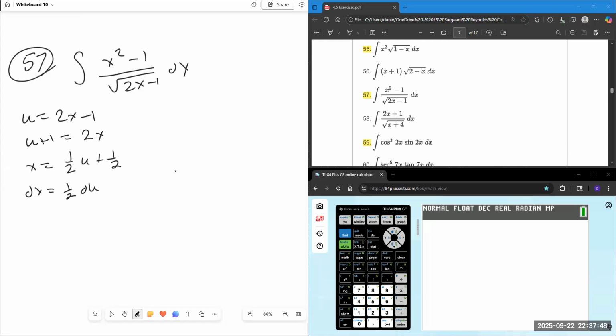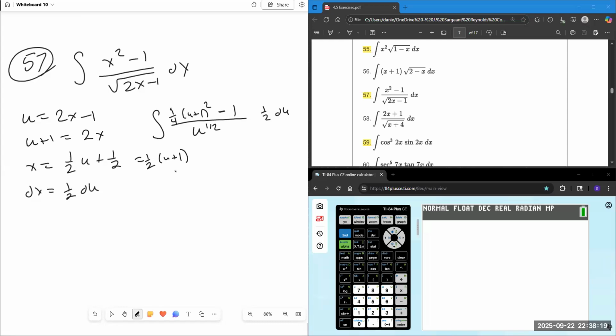So this is u to the 1/2, this is 1/2 du, and this is the same thing as 1/2 u plus 1. So when I square that, that's 1/4 u plus 1 squared minus 1.